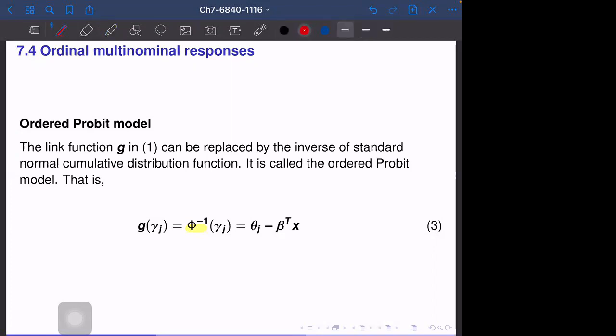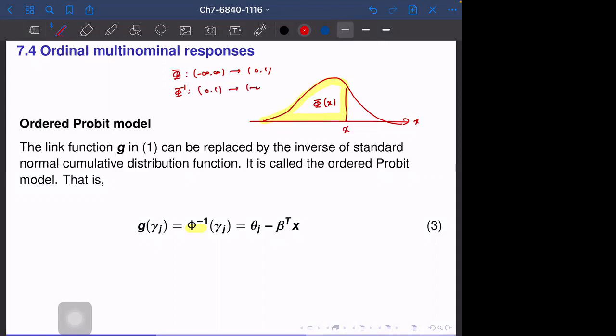So if we have the standard normal distribution, and this is x, then this area is phi of x. The inverse of this is the inverse CDF. Phi maps from negative infinity to positive infinity onto 0, 1, so phi inverse maps 0, 1 to negative infinity to positive infinity.